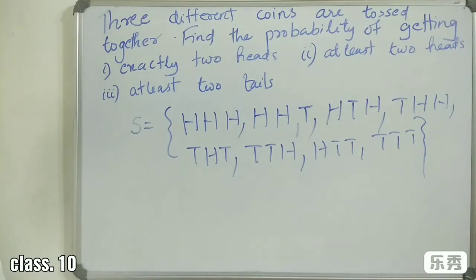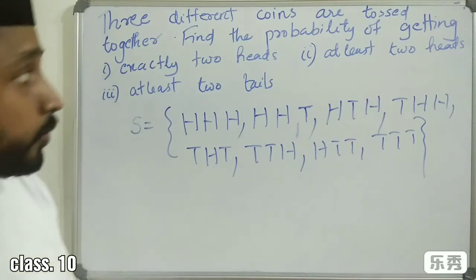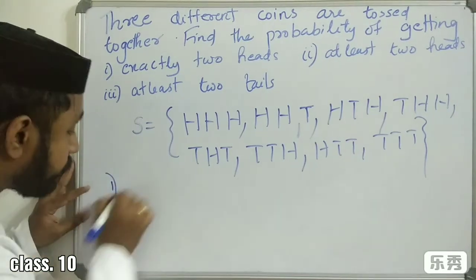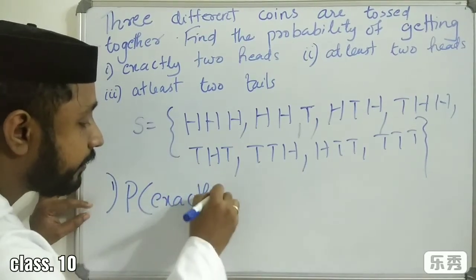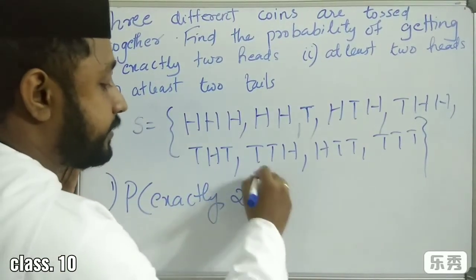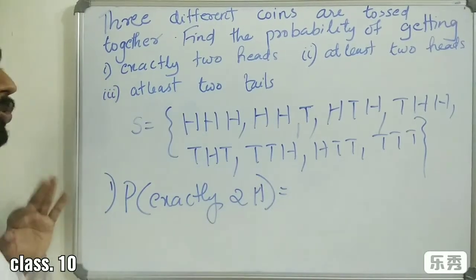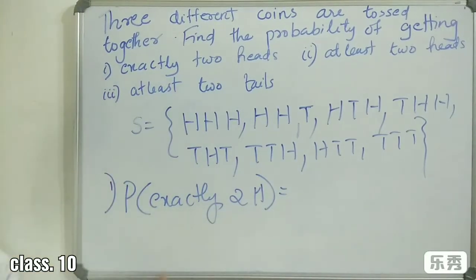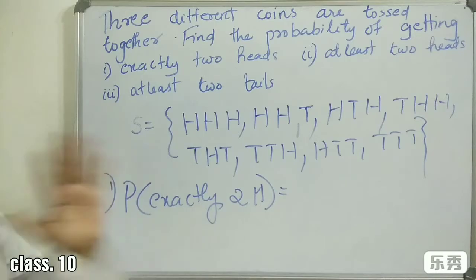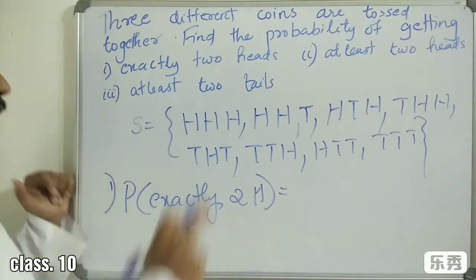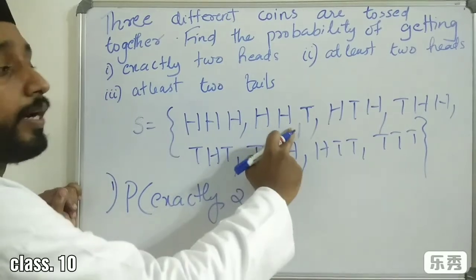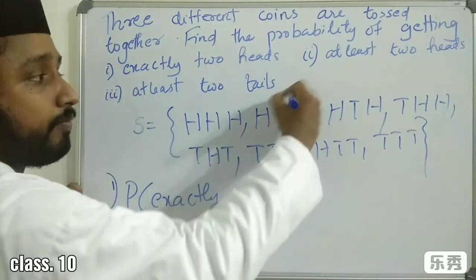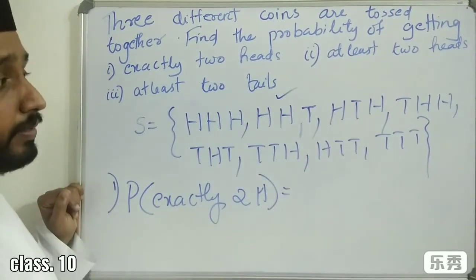So find the probability of getting exactly 2 heads. Exactly 2 heads means 2 heads we need, only 2 heads. Not more than 2, not less than 2. Here 3 heads, it's not possible. Here 2 heads, that is okay. One from that.